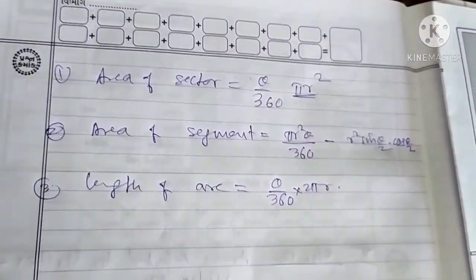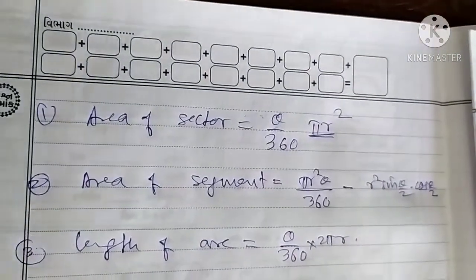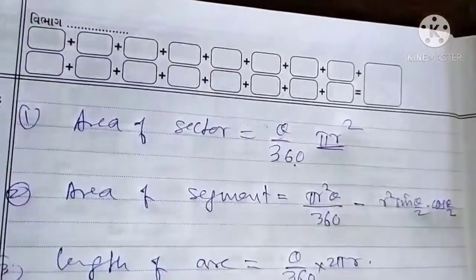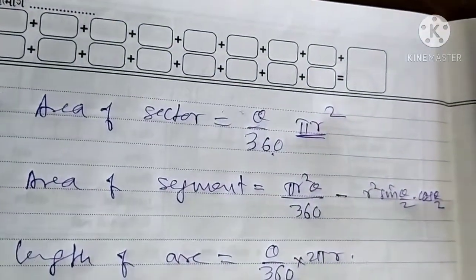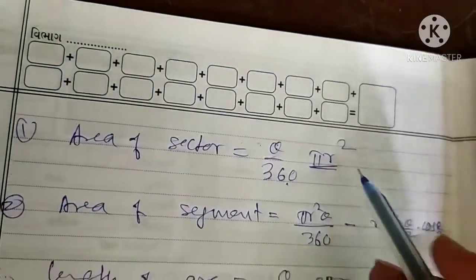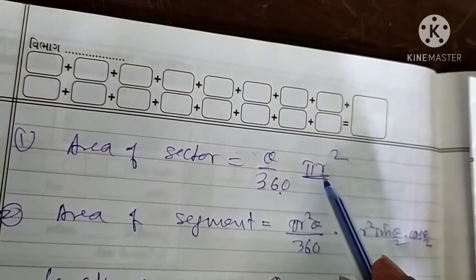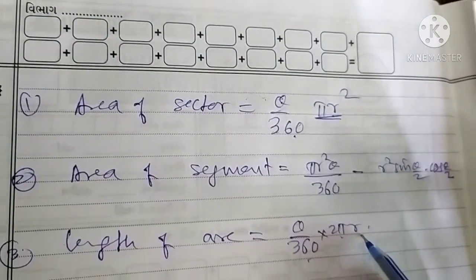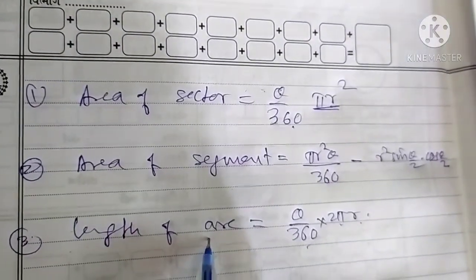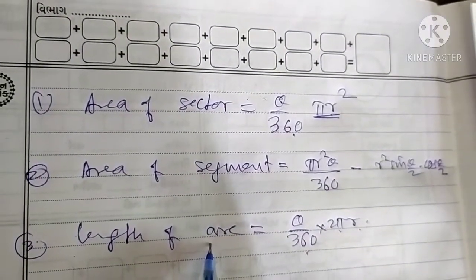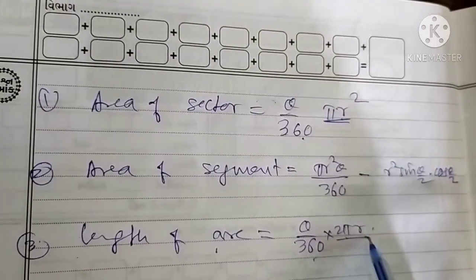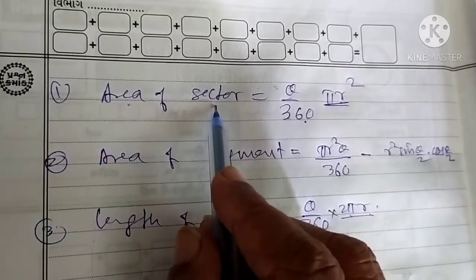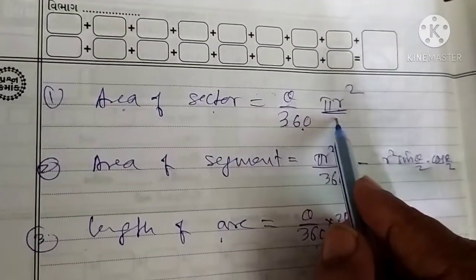Okay, now see students, look here. Area of sector, theta upon 360 is there, common, yes or no? Got it? Again see, pi r square है यहाँ पर, here theta upon 360 is there, 2 pi r. So length means arc, arc is part of the circle, so circumference is there. Sector is part of the circular region, means part of the circle's area, so pi r square is there.